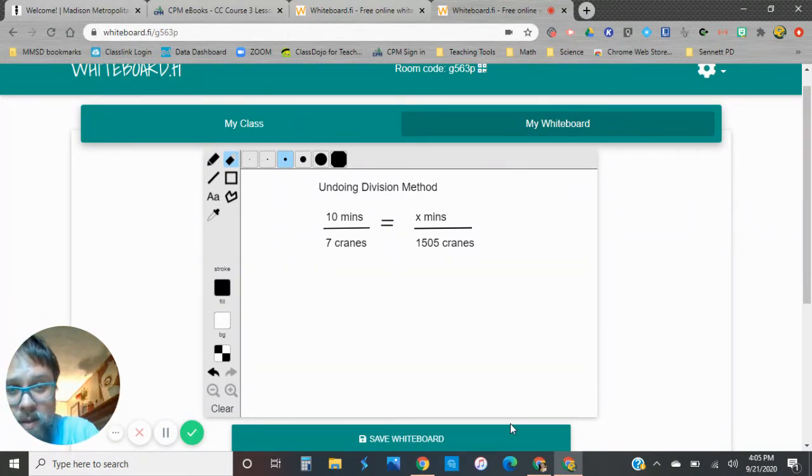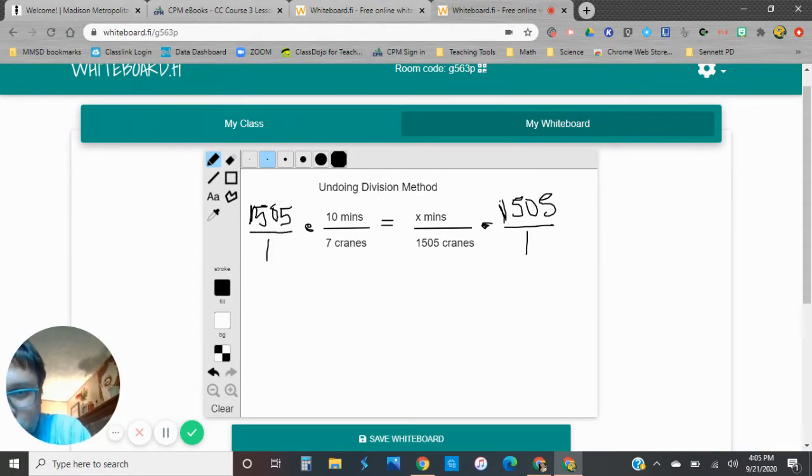So on the right-hand side, we'll have times 1,505 over 1. And on the other side, exactly the same thing, 1,505 over 1. And then we just multiply some things out.